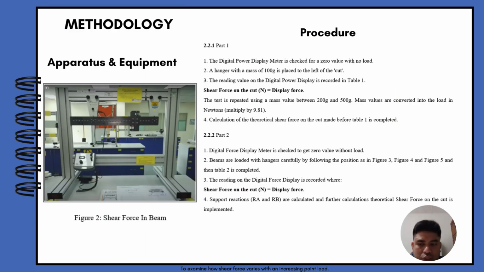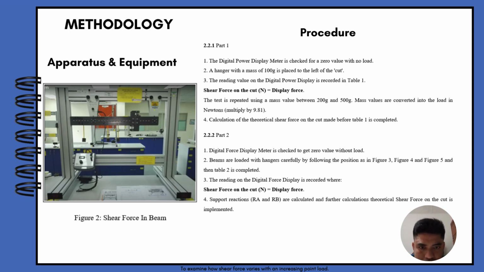For the methodology of shear force in beam, the apparatus and equipment are as shown. Second, the procedure. Part 1: one, the digital force display meter is checked for a zero value with no loads. Second, a hanger with a mass of 100 grams is placed to the left of the cut.